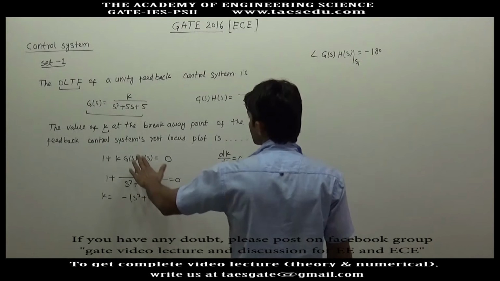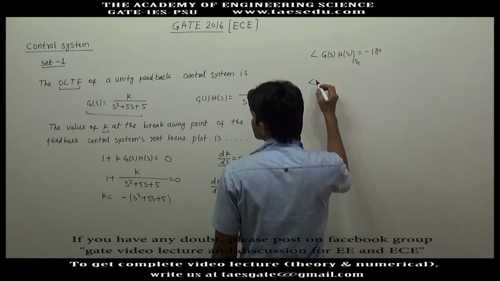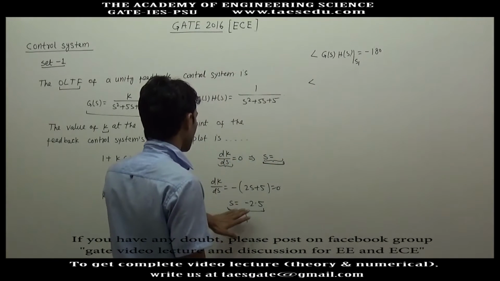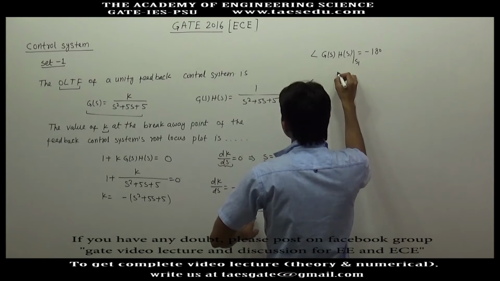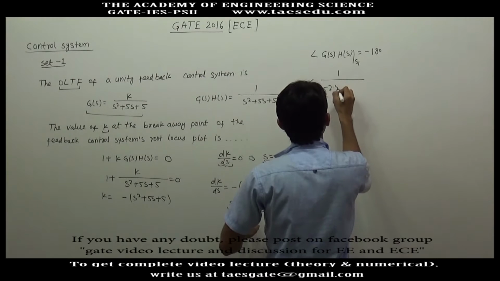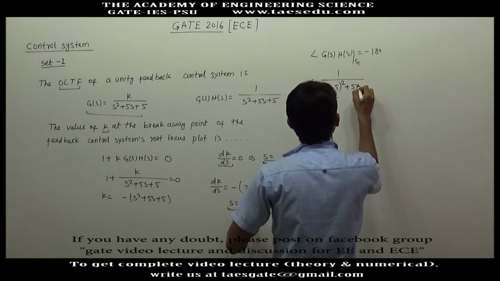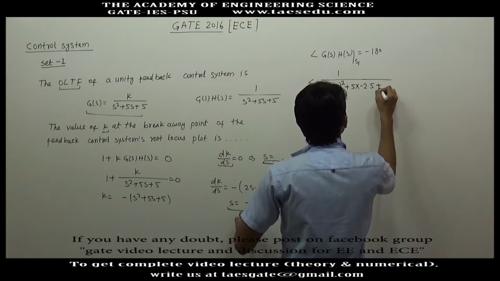So we have to find the angle of G(s)H(s) when s equal to minus 2.5. So this will be 1 upon s square, so minus 2.5 square, plus 5 into minus 2.5, plus 5.